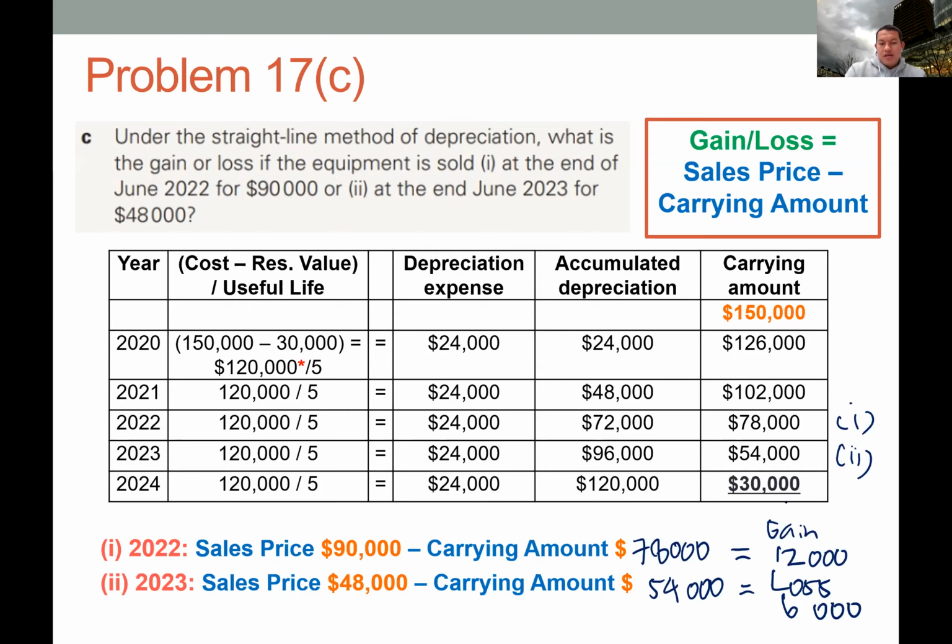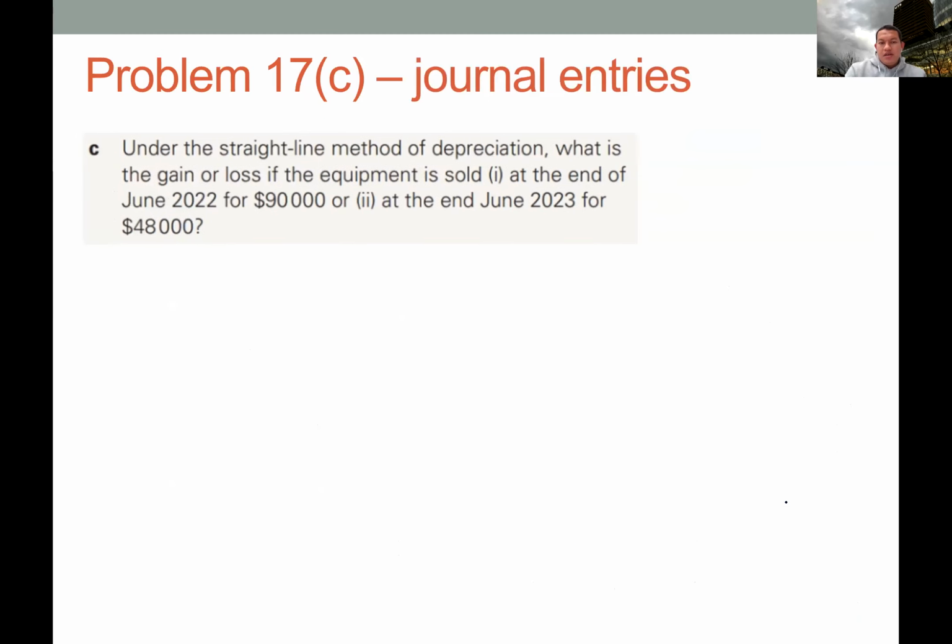Okay, the next one is how we record the transactions. So for the first one, the company should record cash in the debit. This is 90,000.